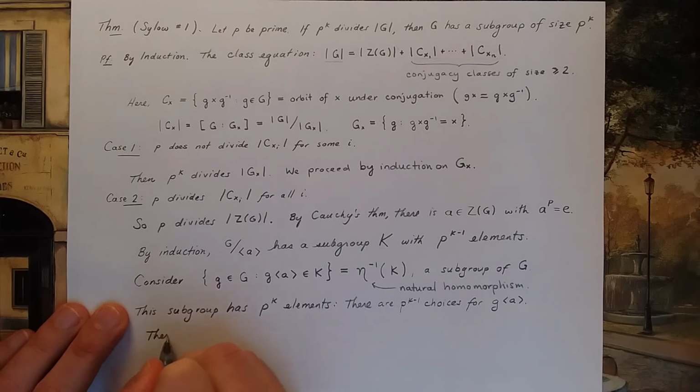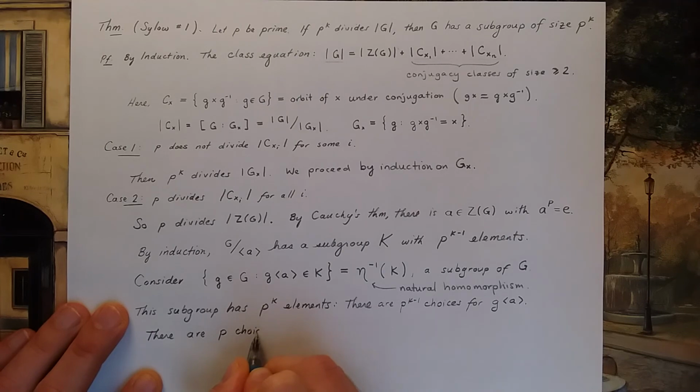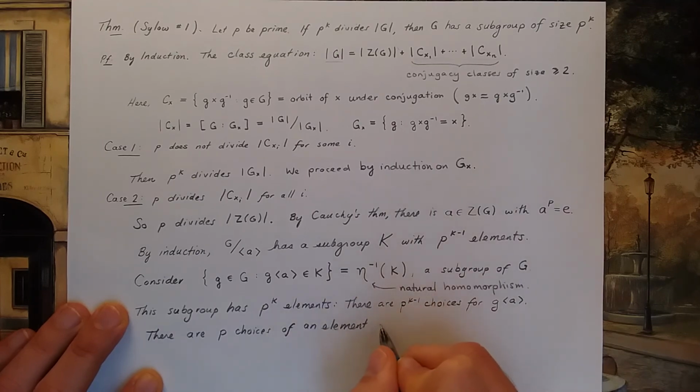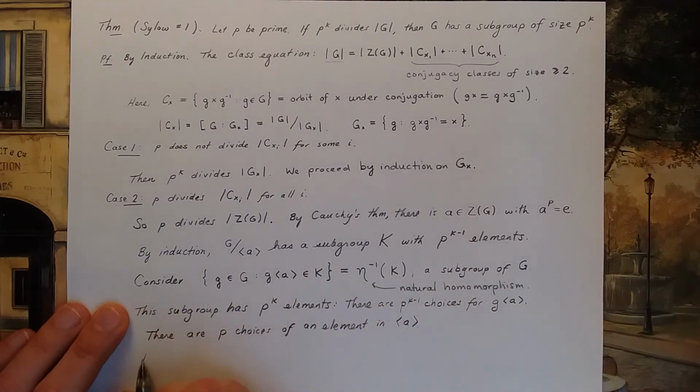There are p choices of an element in the cyclic subgroup generated by A. I get to have one of the powers of A. This gives an element of the form g A to some power i in the inverse image under this K.